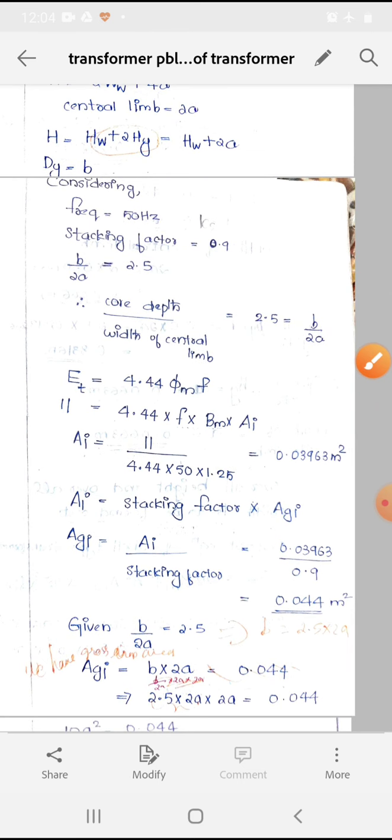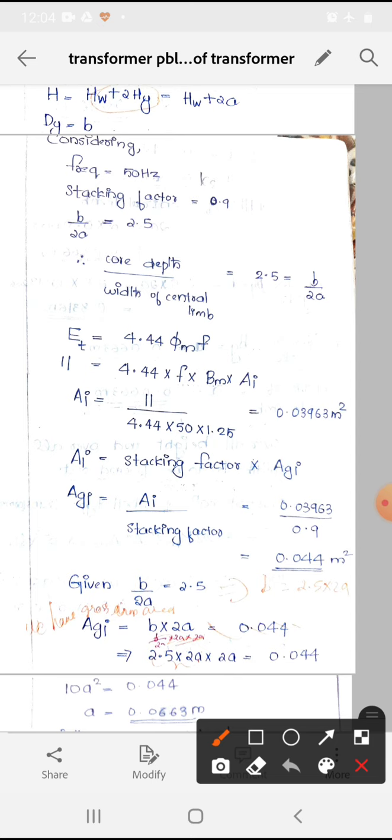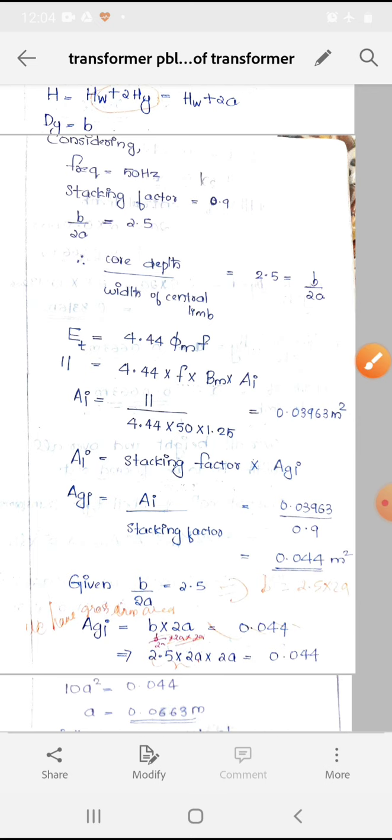Et is equal to 4.44 phi m f. So in the question it is given as 11, and we know the value of frequency, and also we know the value of maximum flux density. Therefore, Ai is given as 0.03963 meter square.